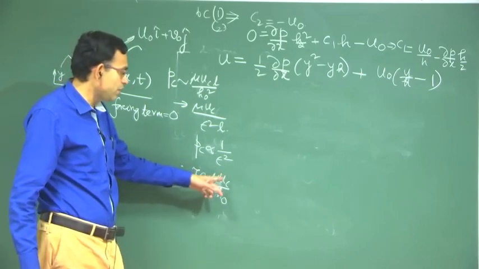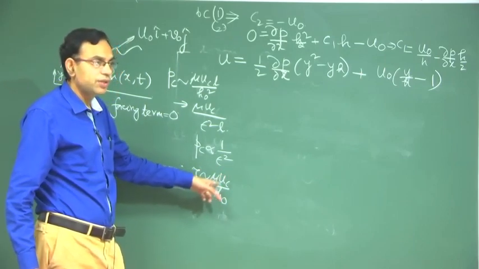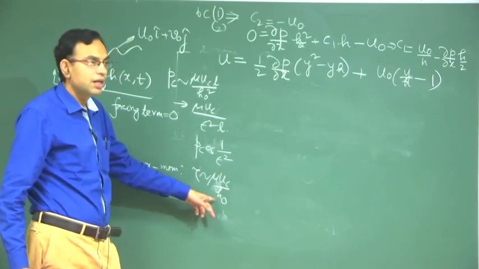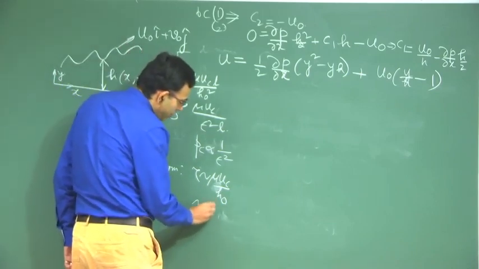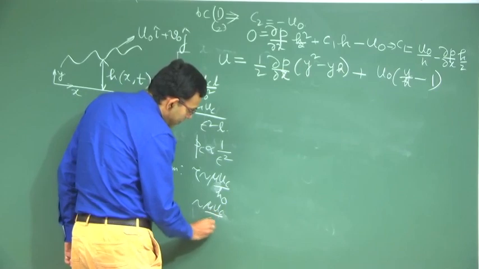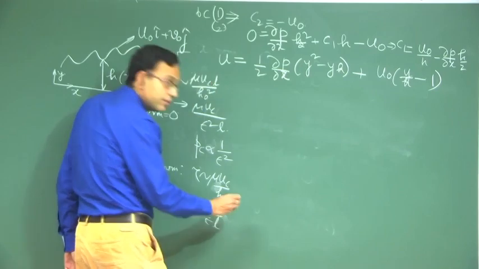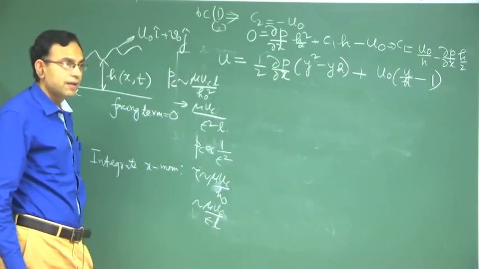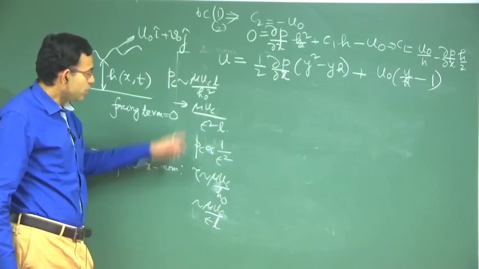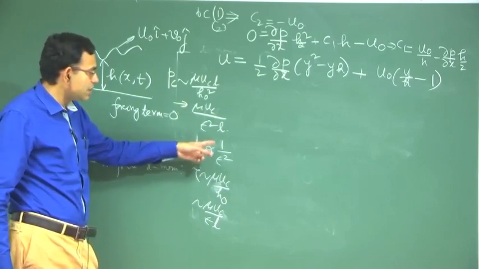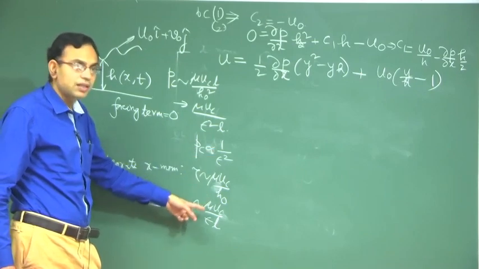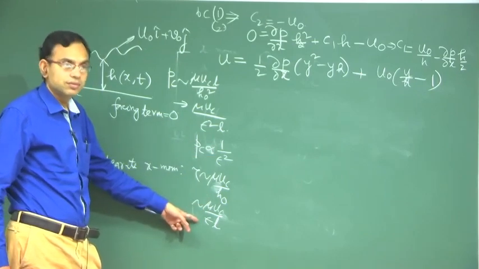This is like mu du dy, scale of du dy is UC by H naught. So, this is of the order of mu UC by epsilon L. If you compare the effect of pressure and the effect of shear, pressure scales with 1 by epsilon square and shear scales with 1 by epsilon.